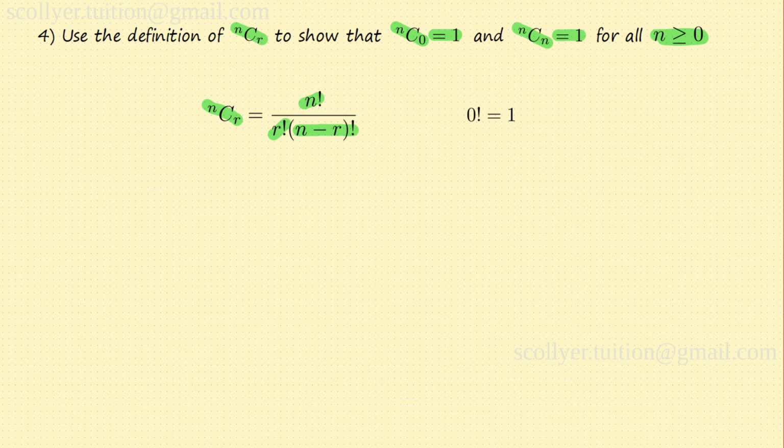And we are interested in n greater than or equal to 0, so we have to consider n equal to 0. And it's important to remember that we define 0 factorial to be 1.